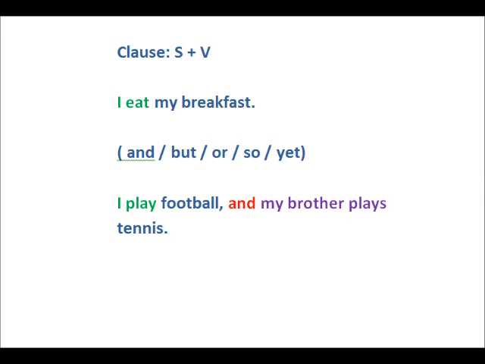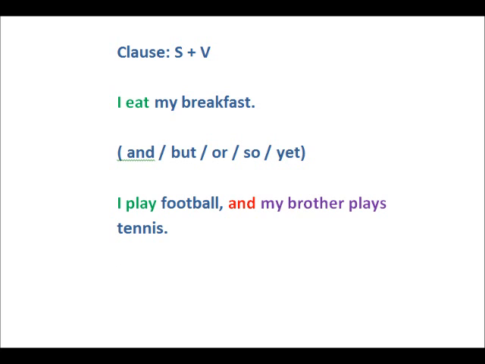Now let's look at this sentence together. I play football, and my brother plays tennis. Now I is a subject, play is a verb, so that gives me a clause. Then I've got the comma, which is very important, the comma along with the coordinate connector, which is and. And after and I have another clause because I have my brother as a subject, and then I've got plays as a verb. Fantastic. So this sentence is great, as you see.